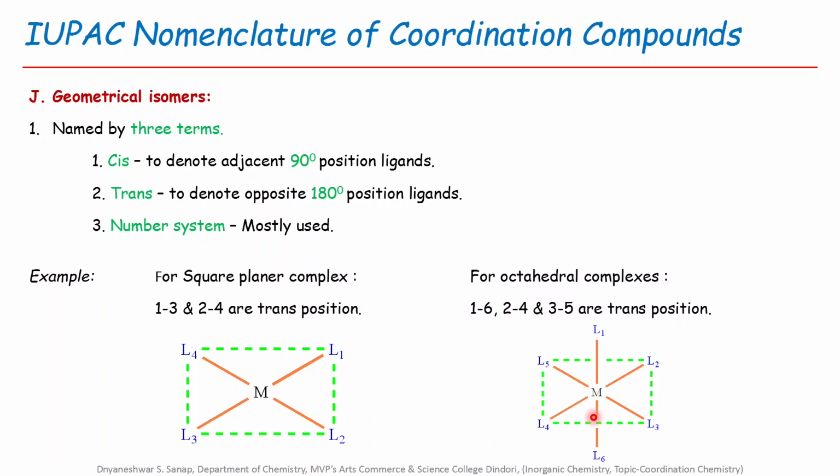We have to keep in mind, when two ligands have a bond angle of 180, these two positions are trans, and when the bond angle is 90, then this position is cis. That's why 1,6 position, 2,4 position and 3,5 positions are trans in the octahedral complexes.